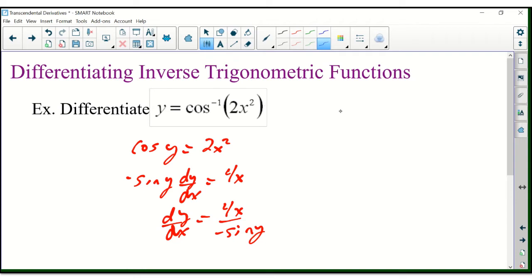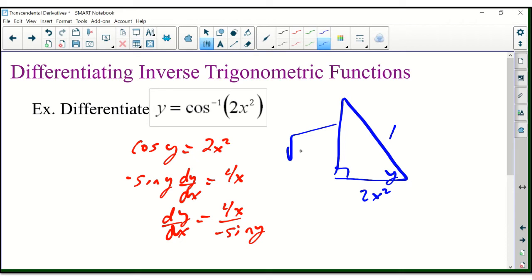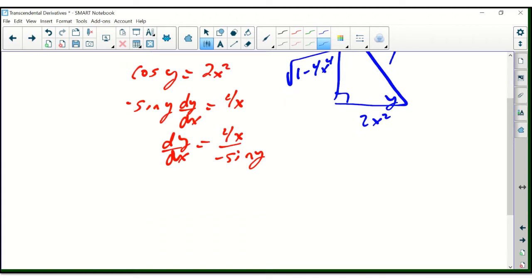So what we're going to do is we're going to draw angle y. So angle y, right? This is an angle whose cosine is 2x squared over 1. Use Pythagoras to get your missing side, the square root of 1 minus 4x to the 4th. So then off of this diagram, I should be able to fill in the sine of y.